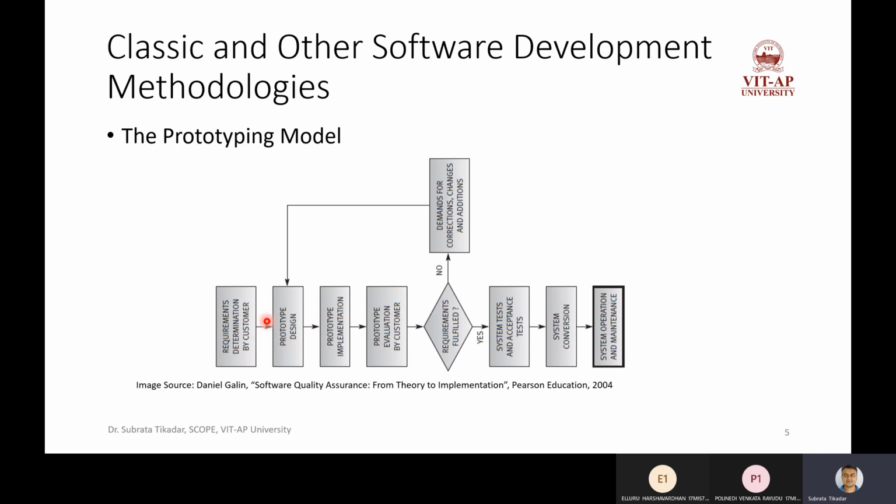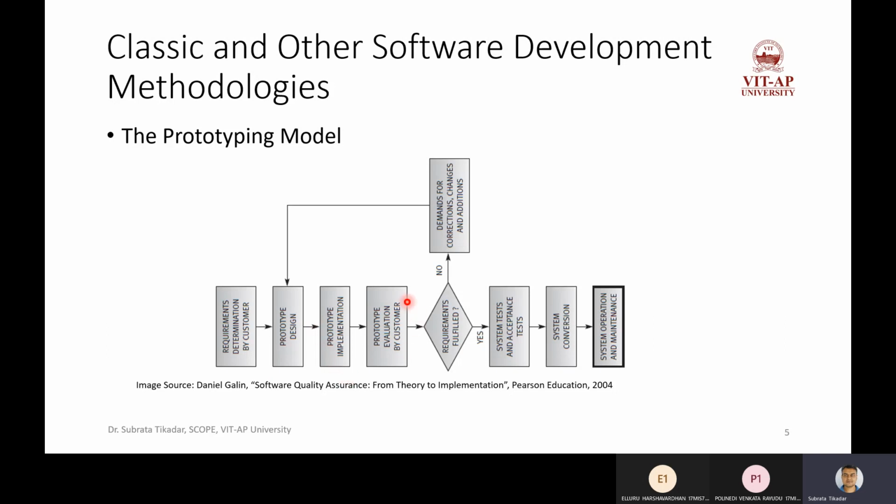So first, the requirement definition by the customer. Sometimes the development team itself helps to define the requirement. So they help the customer to do that. Then according to this requirement, some prototype is designed. Then the prototype is implemented, so the basic prototype is implemented.